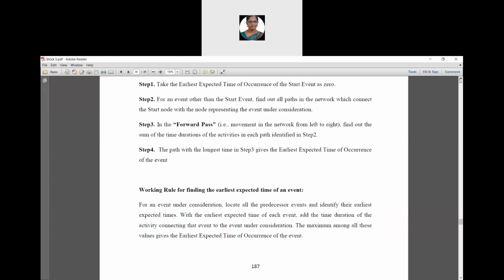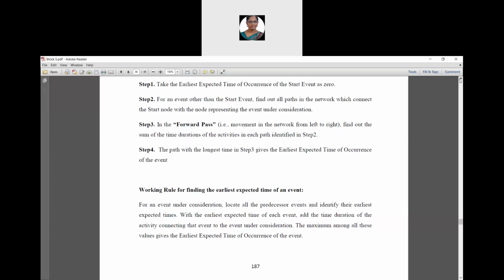Then the second step: for an event other than the start event, find out all paths in the network which connect the start node with the node representing the event under consideration.